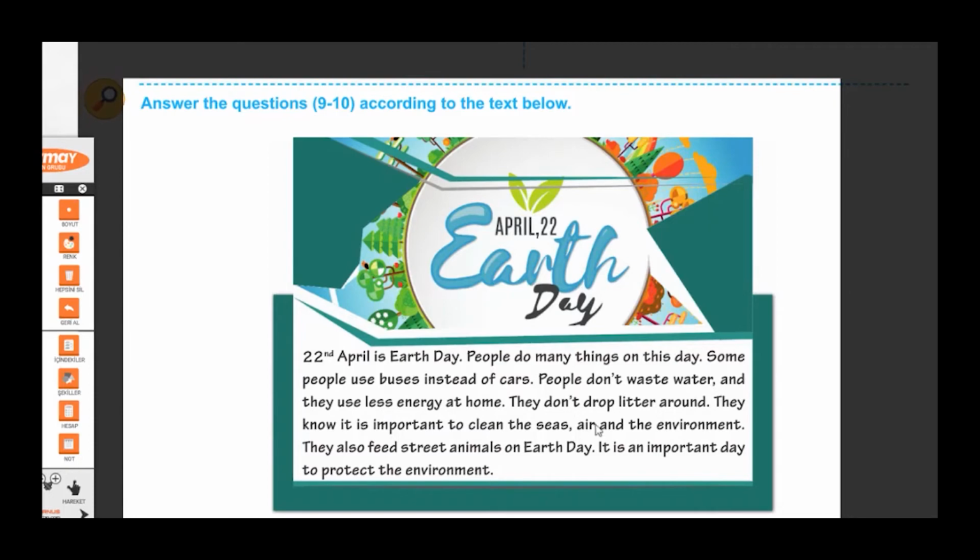They don't drop litter around. They know it is important to clean the seas, air, and the environment. They also feed street animals on Earth Day. It is an important day to protect the environment.